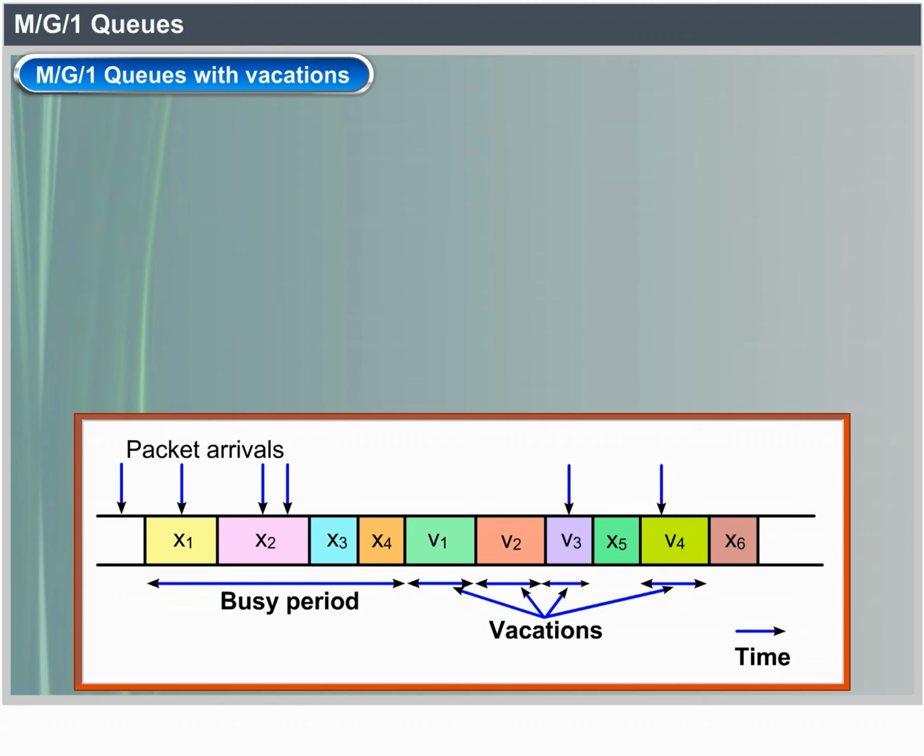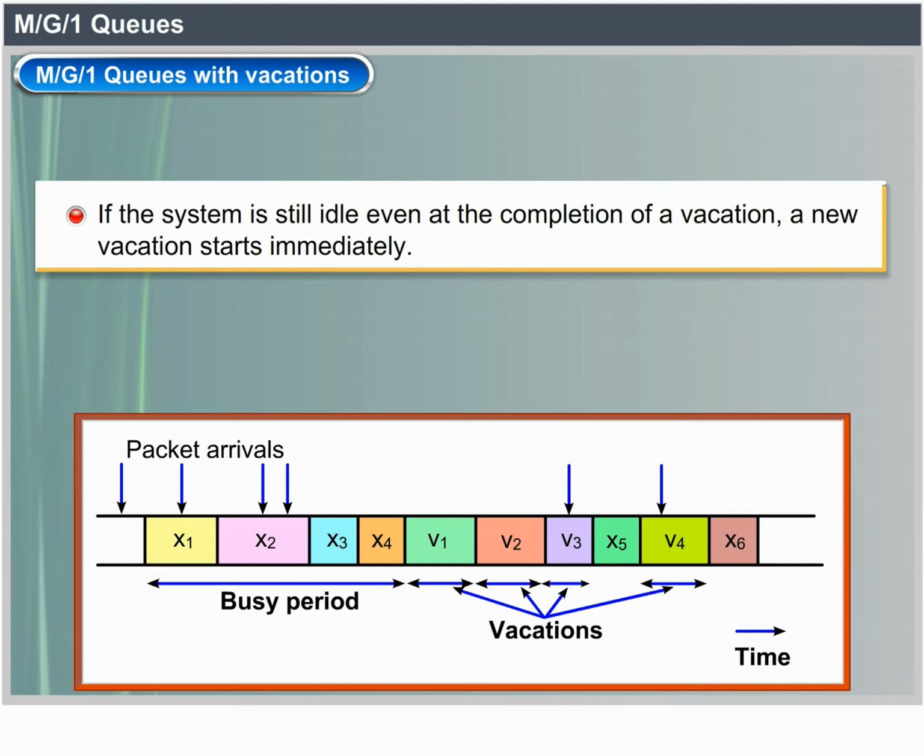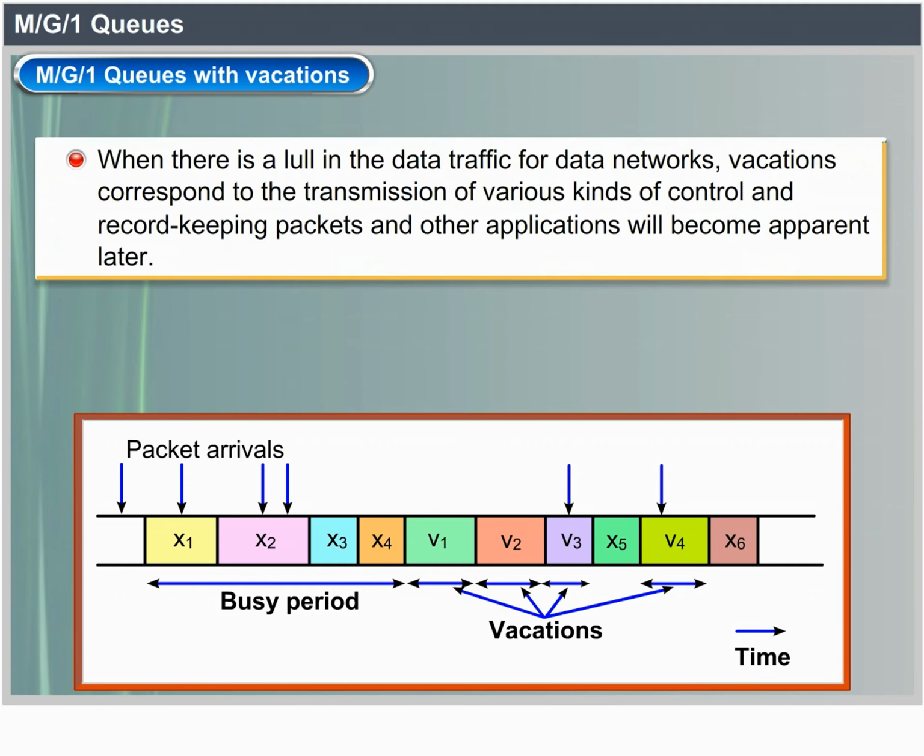If the system is still idle at the completion of a vacation, a new vacation starts immediately. For data networks, vacations correspond to the transmission of various kinds of control and record-keeping packets when there is a lull in the data traffic. Other applications will become apparent later.